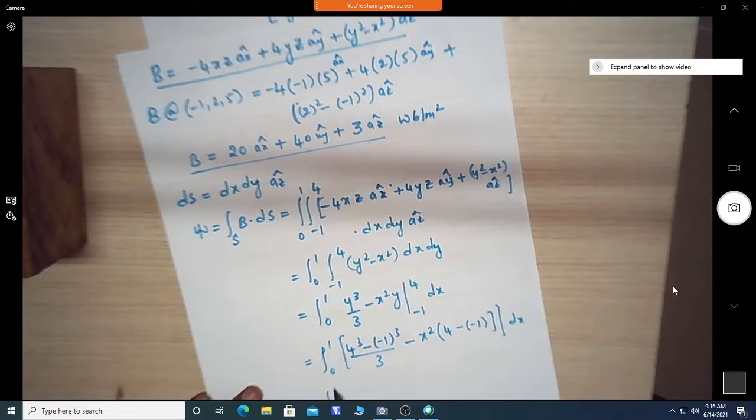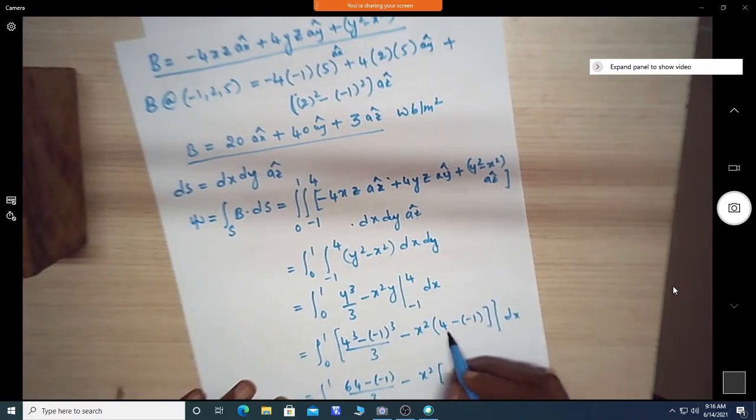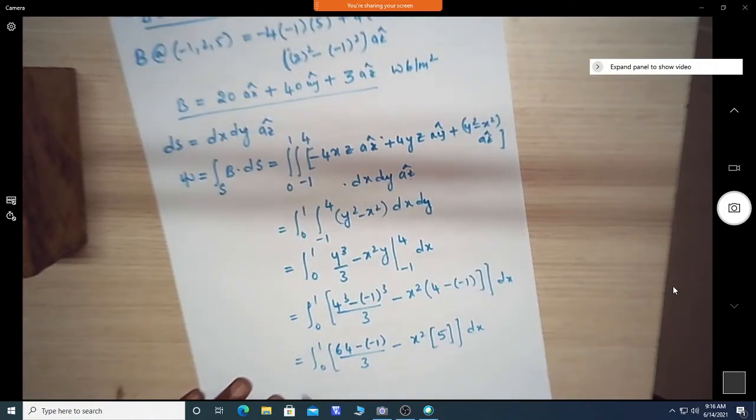This goes from 0 to 1. 4 cube is 64, minus 1 cube is minus 1, divided by 3, minus x square into 4 minus of minus 1, which is 5. This into dx. Now we get 64 minus of minus 1 is 65 by 3 minus 5x square.